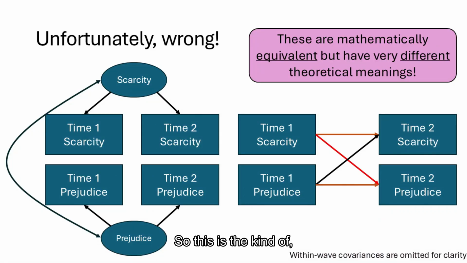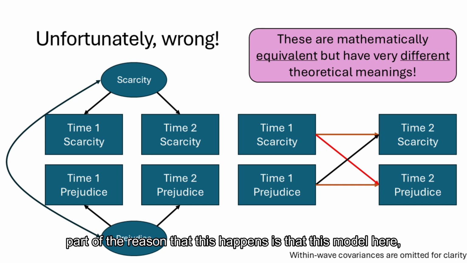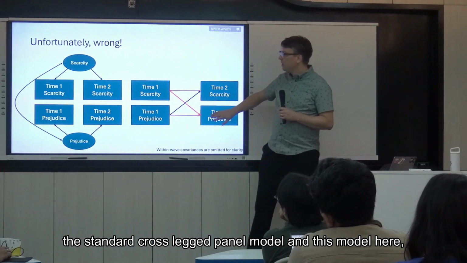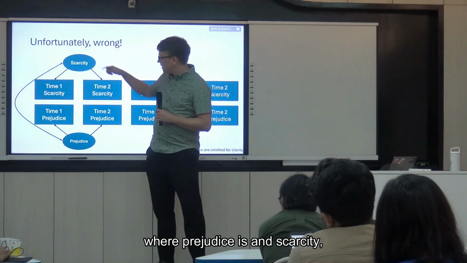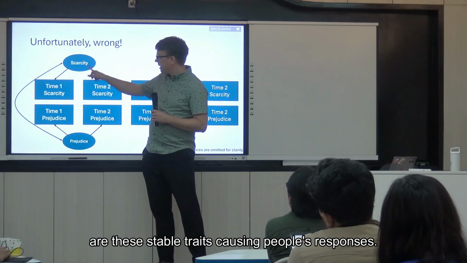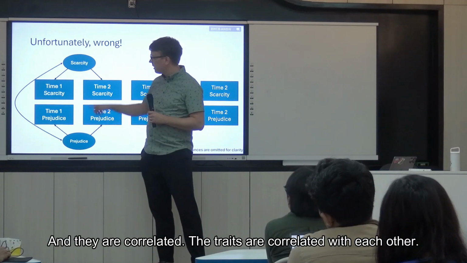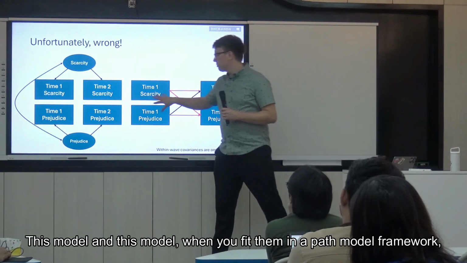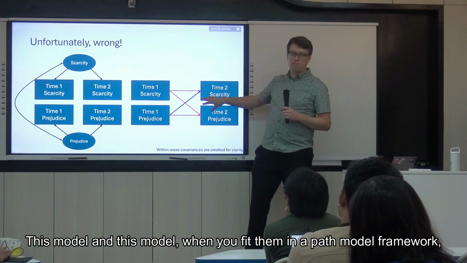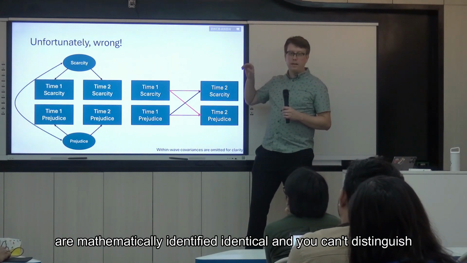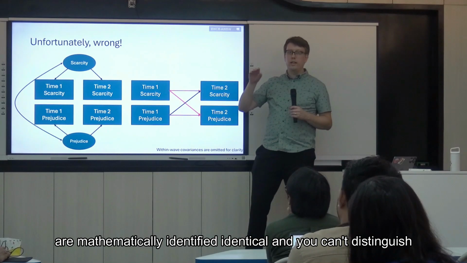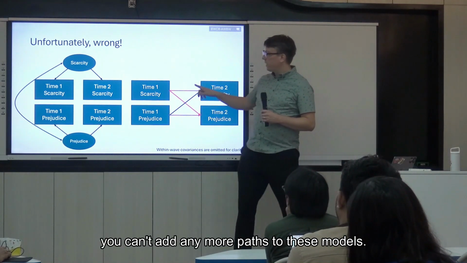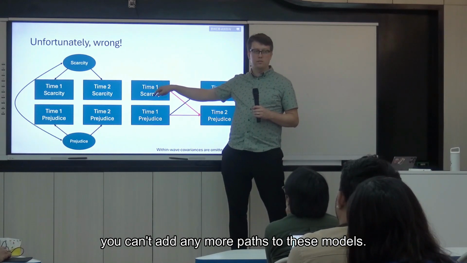Part of the reason this happens is that this model here, the standard cross-lag panel model, and this model here, where prejudice and scarcity are stable traits causing people's responses, and the traits are correlated with each other, are, when you fit them in a path model framework, mathematically identical, and you can't distinguish them because with just the 4 points of data, you can't add any more paths to these models.